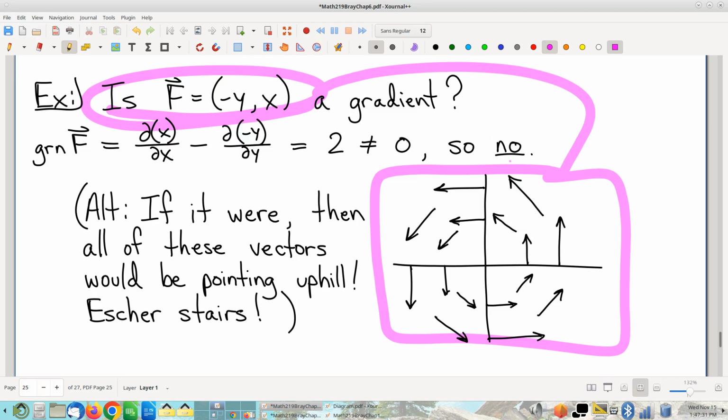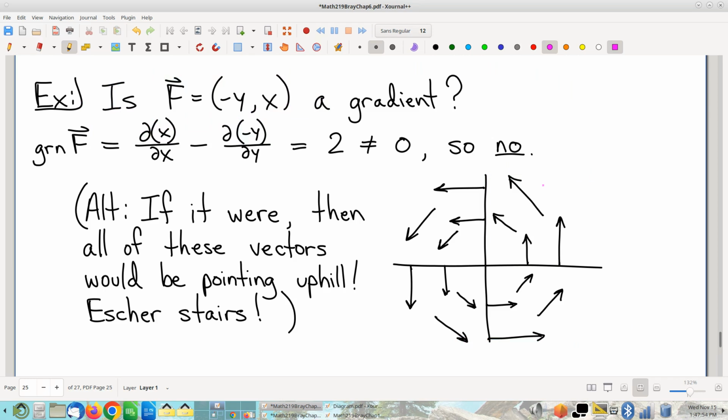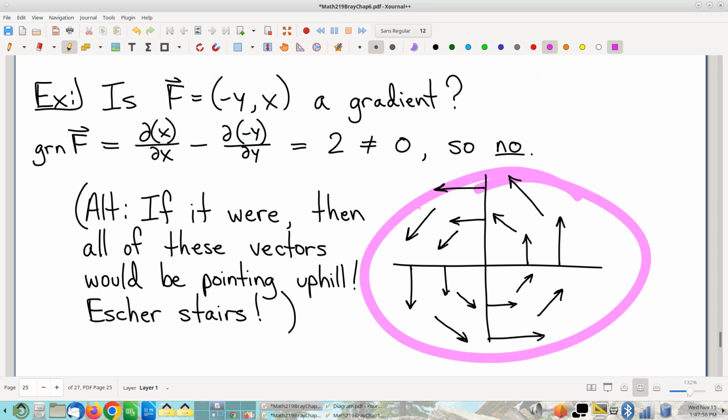All of these vectors cannot be pointing uphill. If I start here at 1, 0 and go around in a circle, this would suggest I'm going uphill the whole way as I return back to the same point. And that's just nonsense. Escher-Stairs and all that. So what I'm going to call this is a geometrically satisfying confirmation that Green's operator being non-zero is inconsistent with it being a gradient.